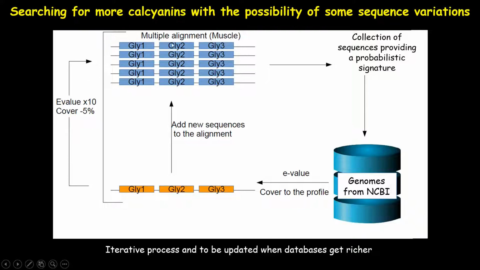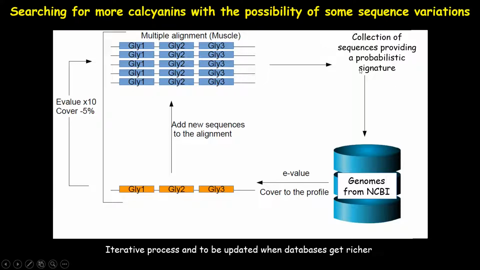So we can start, for example, with the sequences of the 8 different calcyanines from the 8 cyanobacteria we found in the Pasteur collection. From that, we can identify some of the sequences which provide this probabilistic signature.